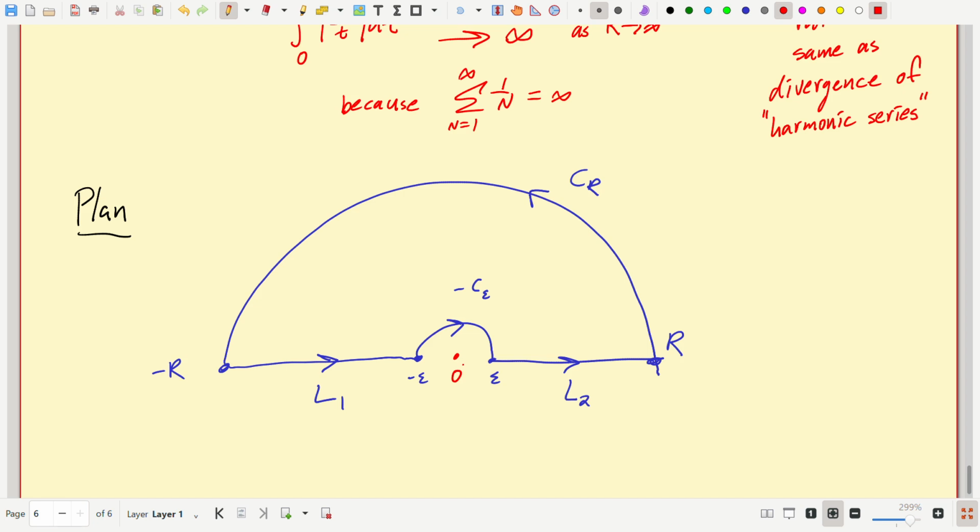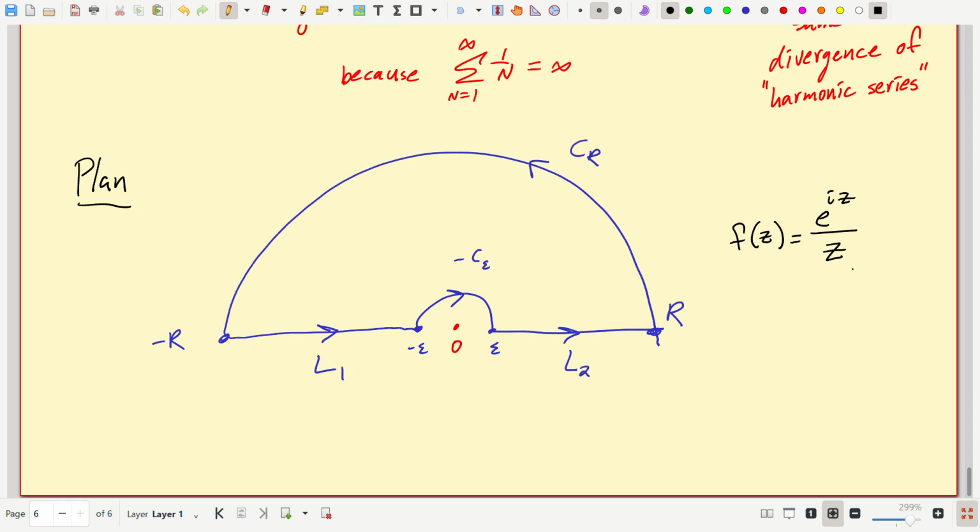But the f of z we need here is e to the iz over z. Because the real part along the real line would be cosine t plus i sine t. And so the integrals along the lines are going to be relevant to what we want.